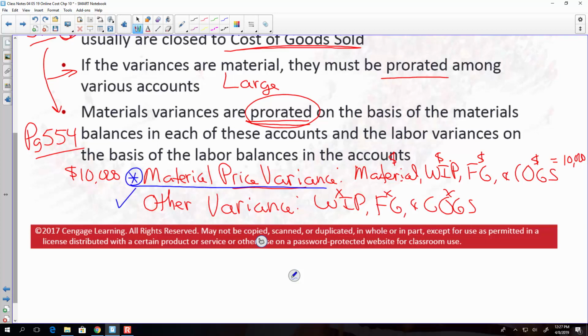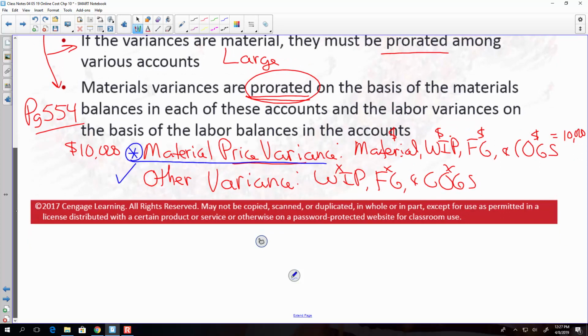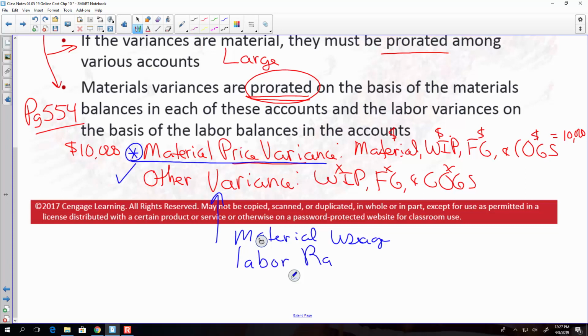Now what do I mean by other variances? Well, we only have 3 left out of the 4: a material usage variance, a labor rate, and efficiency. So those are the 3 remaining. Obviously, we don't record these variances until we get to the point of putting them into work in process.